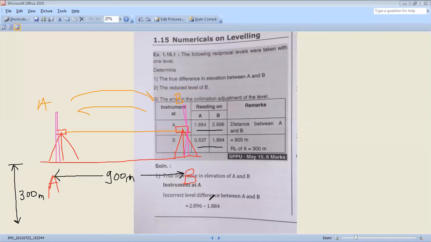These are the two readings when the instrument is at station A. This is the initial step. After that, you get the difference between the readings at station B.